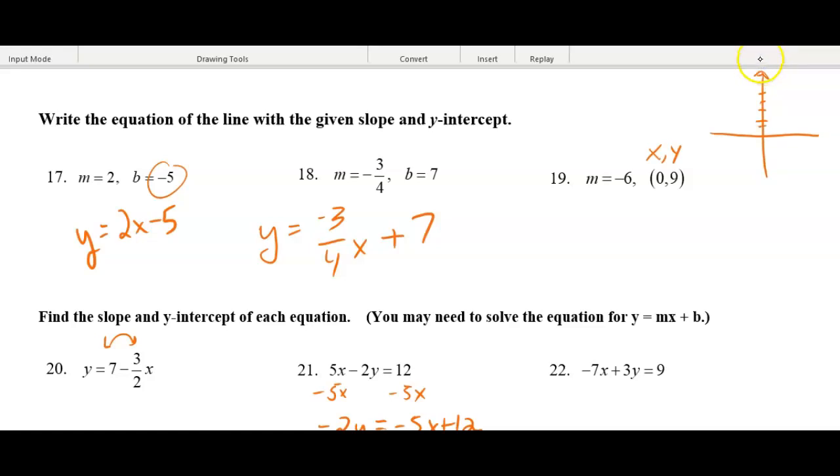It would be wherever that 9th point is, way up here. So isn't that my y-intercept that we're looking for? So this is just another way to write b equals 9. So y equals negative 6x plus 9.